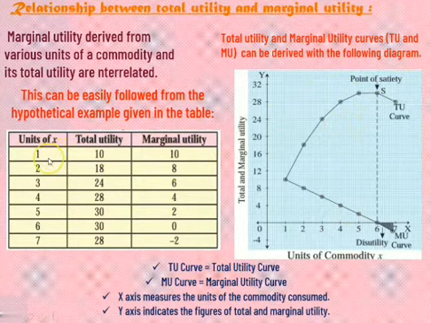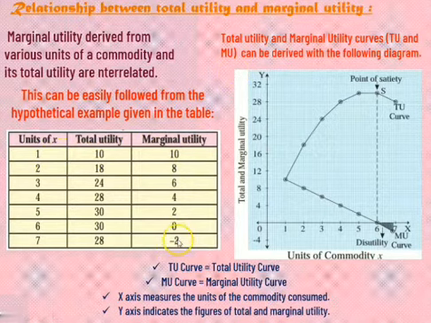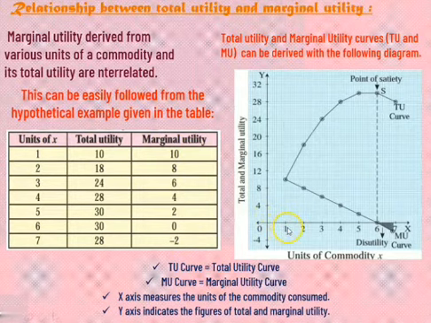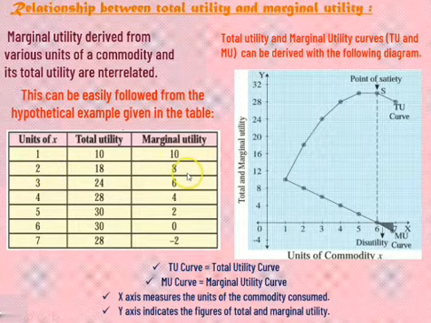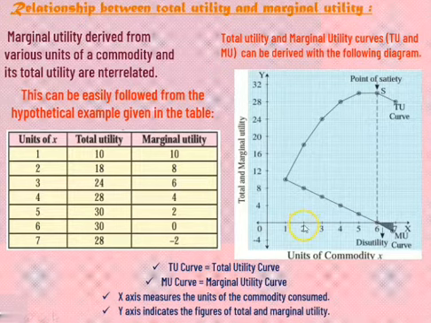See the first unit of pizza. First we are going to start by plotting marginal utility. When the first unit of pizza MU is 10, so for the first unit of X the marginal utility comes here at 10, so we are going to put a dot over here. And when the person has consumed the second, your MU is 8, so for the second unit of X the marginal utility comes to 8, see here 8, right?